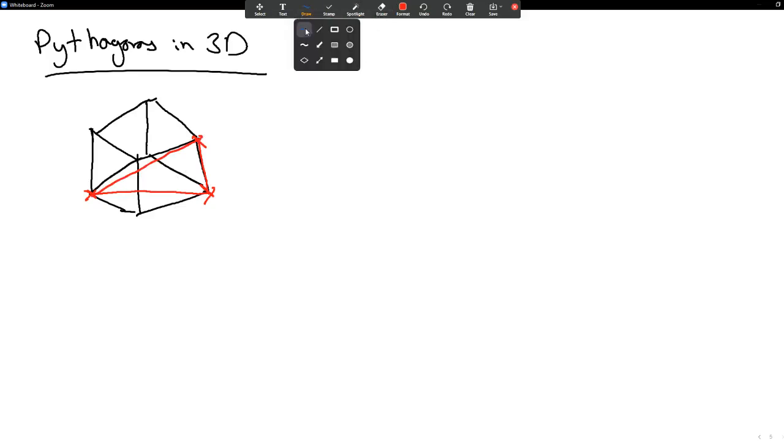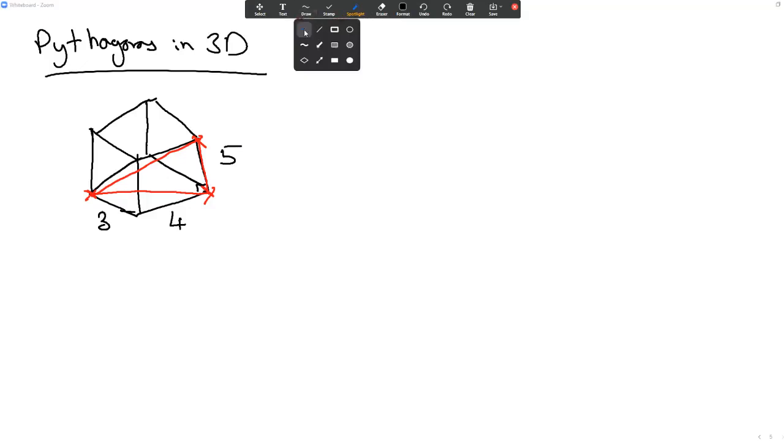And if we know the sides of this cube, let's say, or not cube, sorry, let's call it a cuboid. So it can have different sides. Let's say it's 3, 4, and 5, like that. And we know this is a right angle. Well, what we can do is we can find these other two sides using Pythagoras.